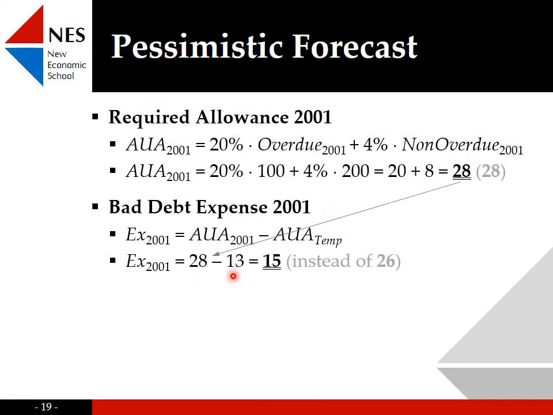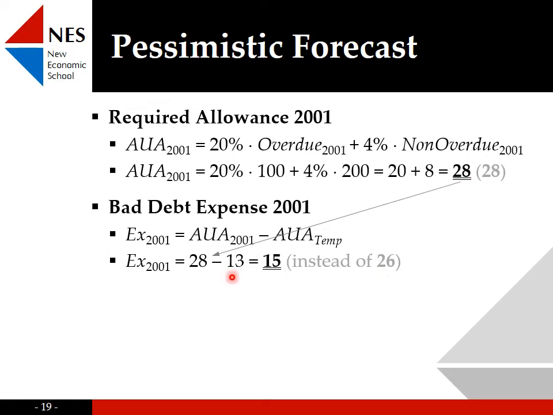Now you may say that the company was positively surprised by what happened over 2001. It had created an allowance of 33, but it actually only used 20 out of the 33, so there was 13 left before it started increasing the level of allowance to the desired level of 28 that is required at the end of 2001, right?